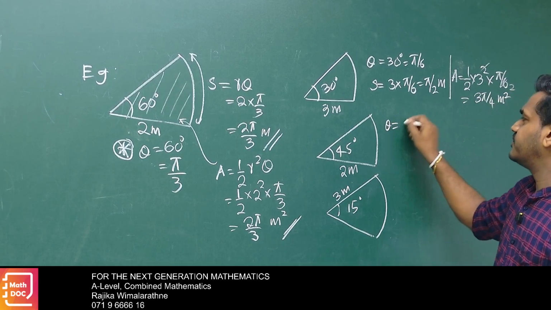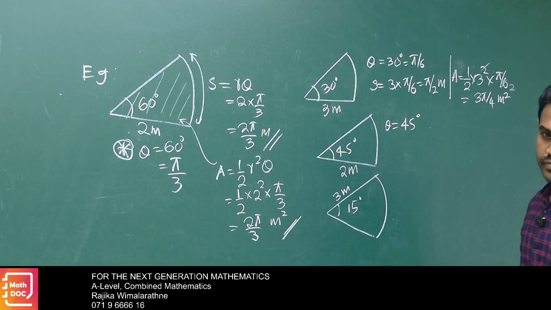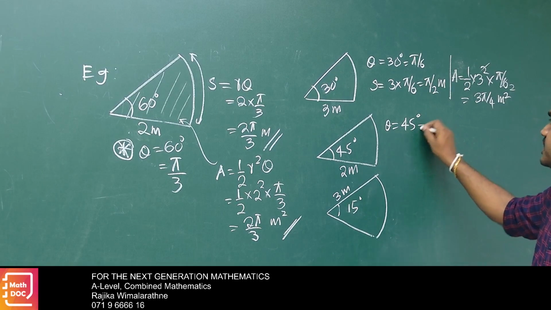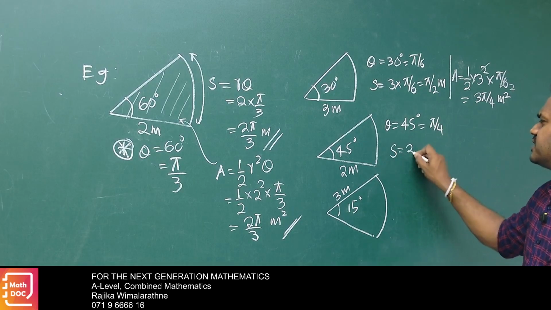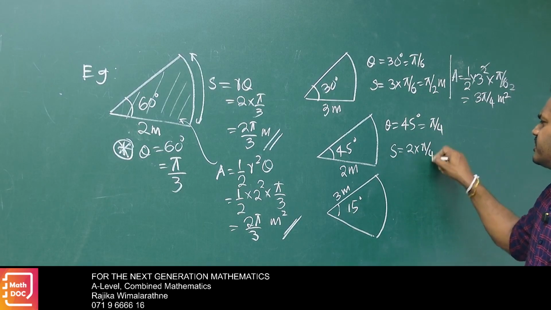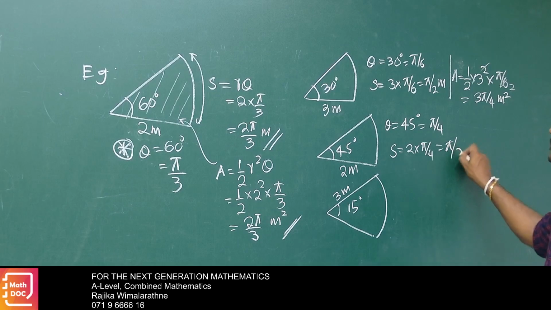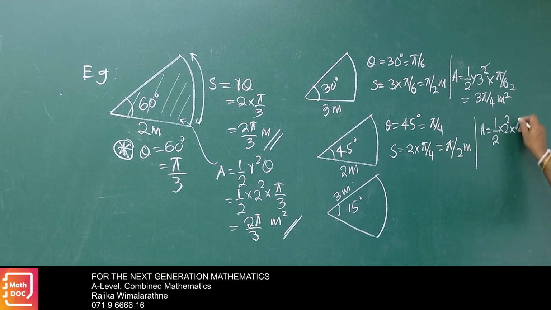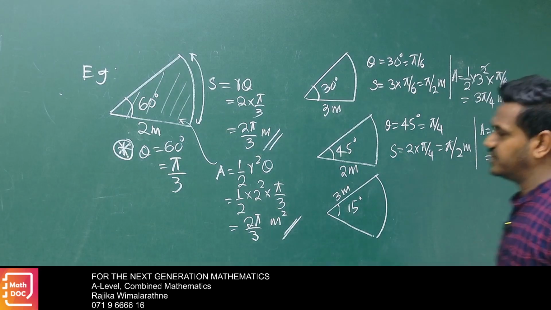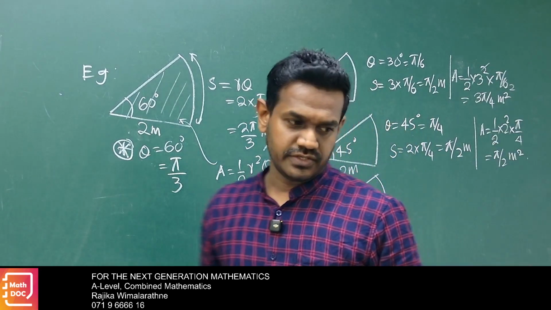And here theta 45 degrees, then pi divided by 4 in radians, S equals r theta, then pi divided by 2 meters, area half r squared theta, pi divided by 2 square meters. Okay, you find, you get units.